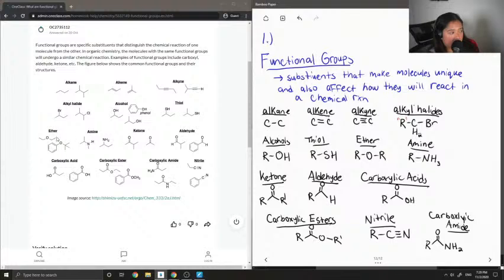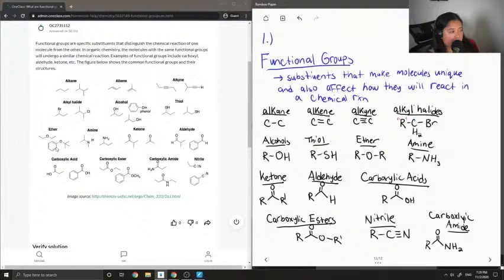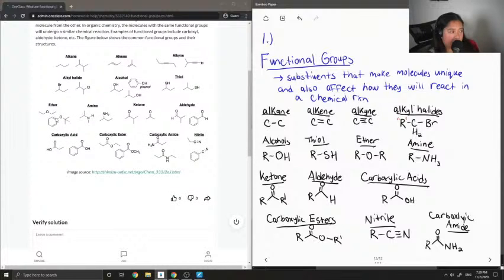Alcohols, thiols, esters, which is kind of cool. They show how you can have like a benzyl ring as an ether. Your amines, so this can be like a secondary amine or a tertiary amine. So here they showed a primary and a secondary amine.